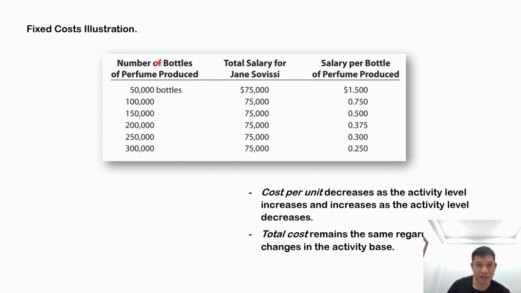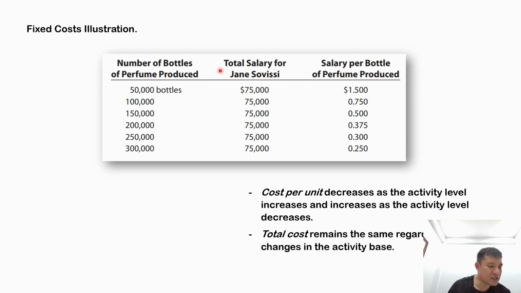So this is the table, where we can find the number of bottles of perfume produced, then the salary of Jane Suvisi, and the salary per bottle of perfume produced. So, as shown, fixed costs have the following characteristics. Cost per unit decreases as the activity level increases and increases as the activity level decreases.